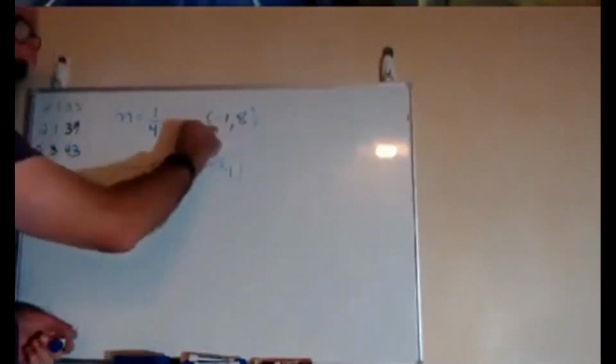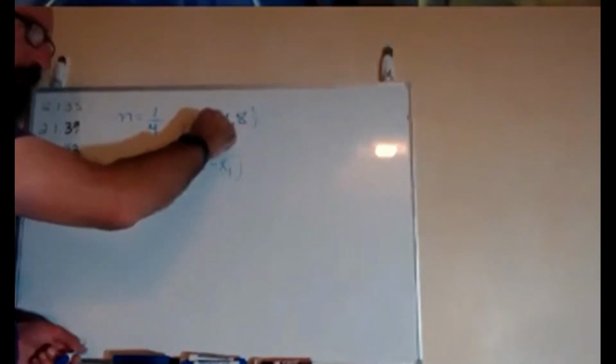What I'm going to start with is the point slope formula. This formula. And the -1 is x1.